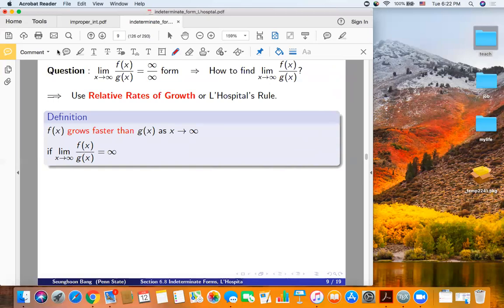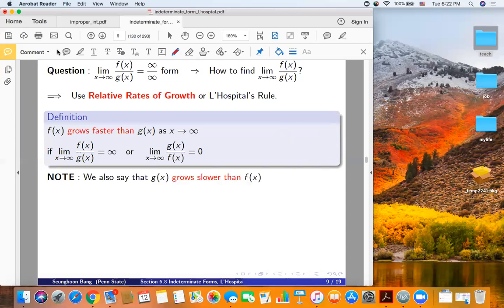The limit of f of x over g of x as x approaches infinity equals infinity, or equivalently, the limit of g of x over f of x as x approaches infinity equals 0. This is a definition.